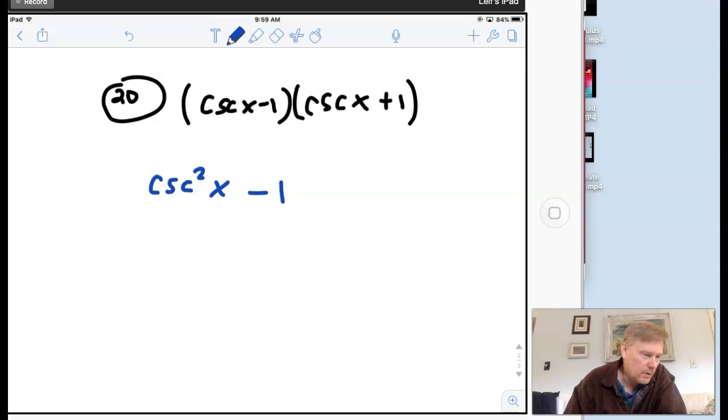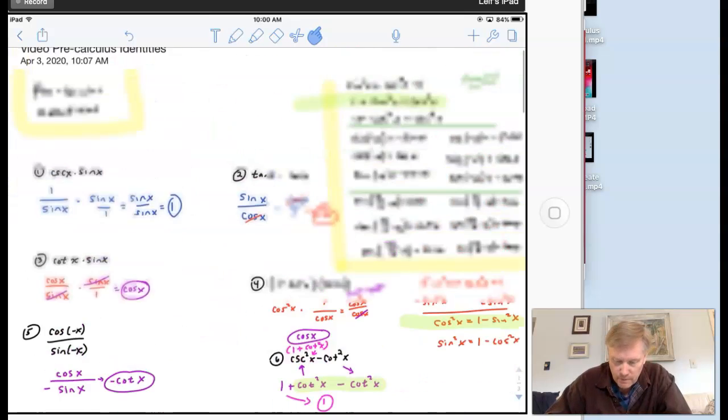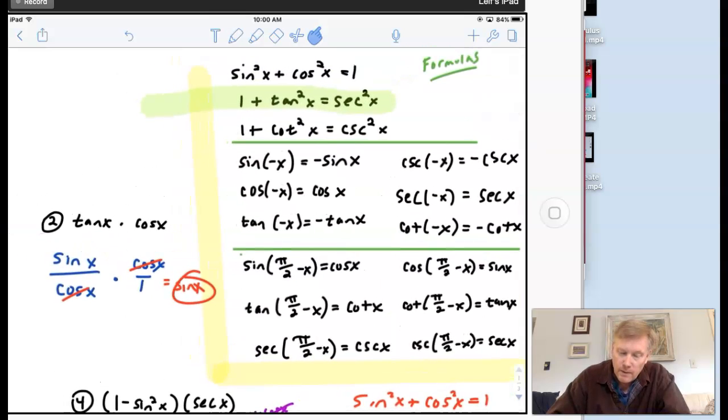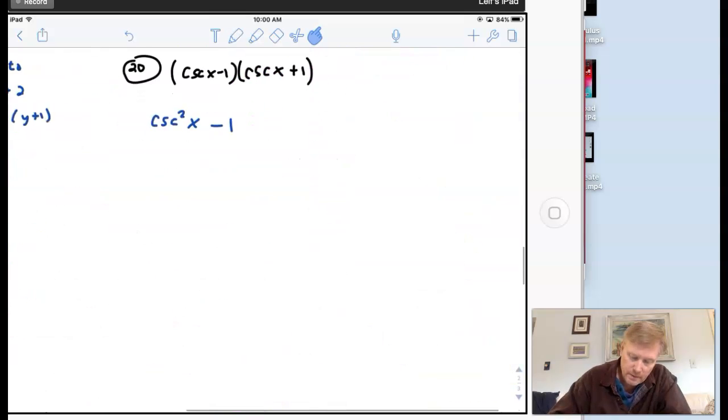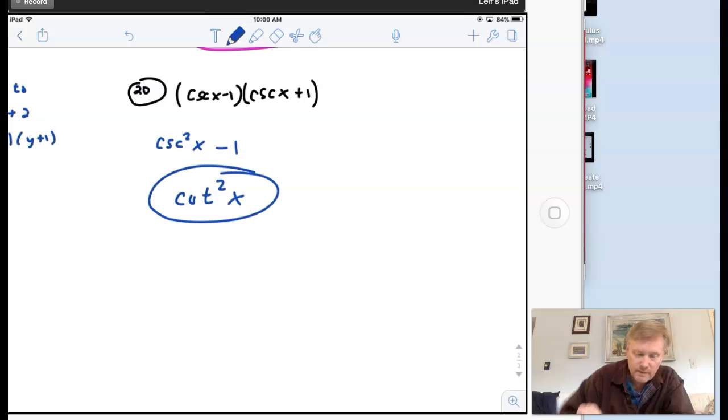And if you go back to your formula sheet, you will see cosecant squared of x minus 1. If I took the second one, subtracted 1, I would get cotangent squared. So that is going to be my answer. Cotangent squared of x. And that's it.